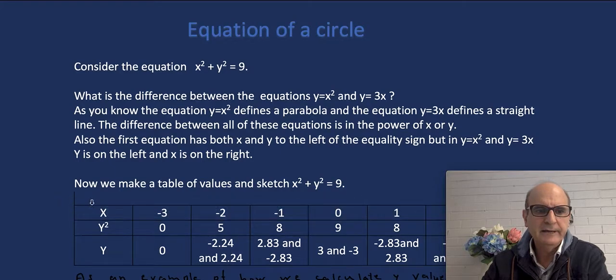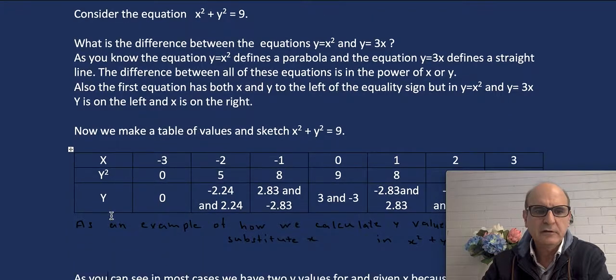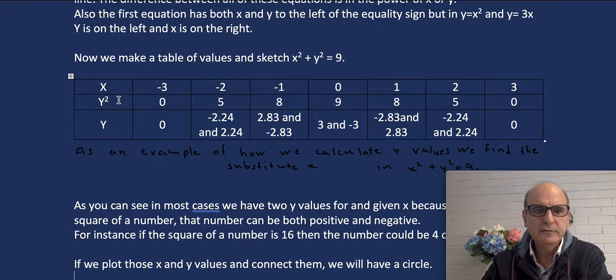What I've done here, I've made an x row showing the x values, starting from -3 going all the way: -3, -2, -1, going up by 1, 0, 1, 2, and 3. And then substituting each x value in this equation to find the y values.